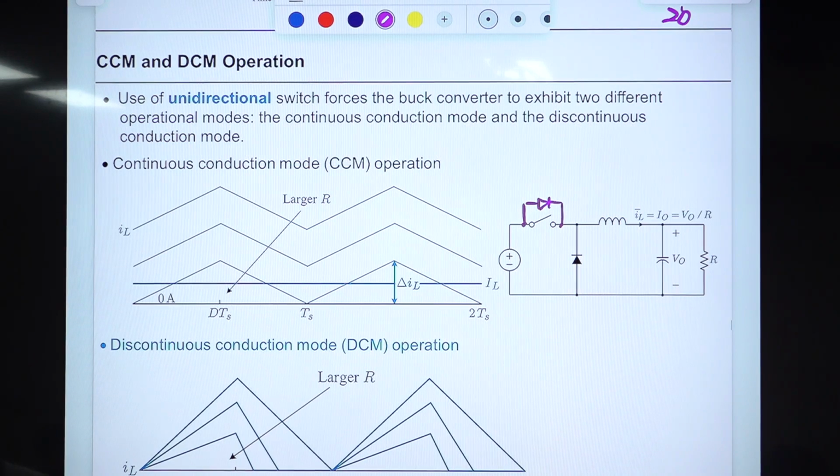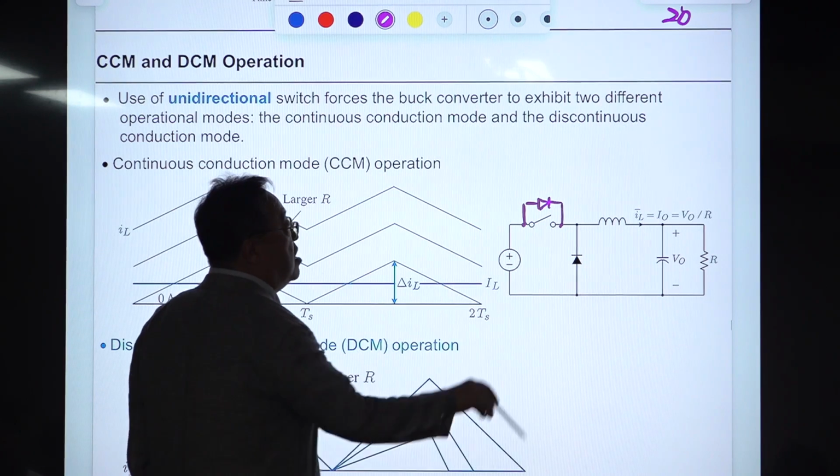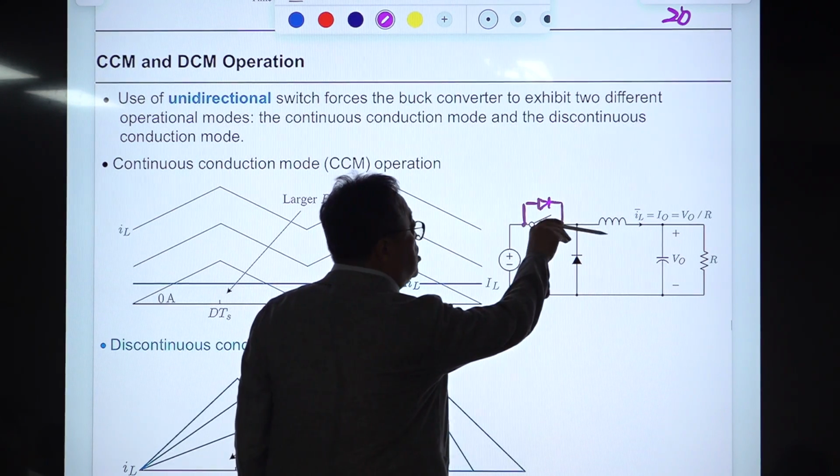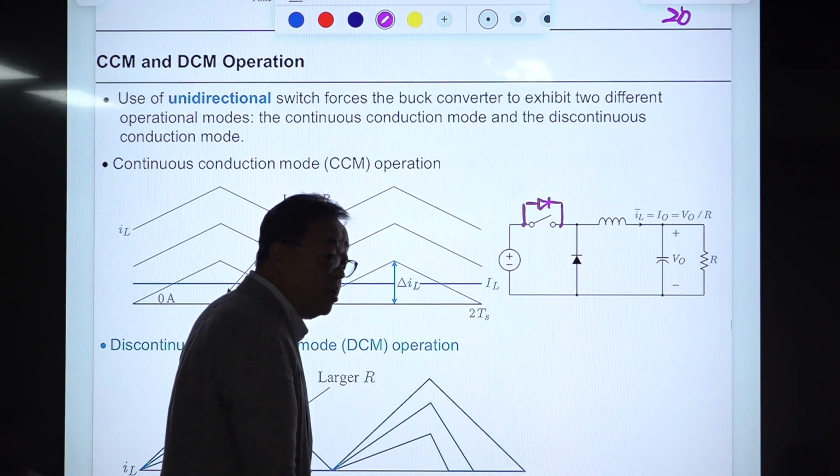If you don't want this, then you use something else. If you use a MOSFET, there is a diode. So when the MOSFET is turned on, the conduction channel is built, then current can pass through this, and also through this. It really doesn't matter.